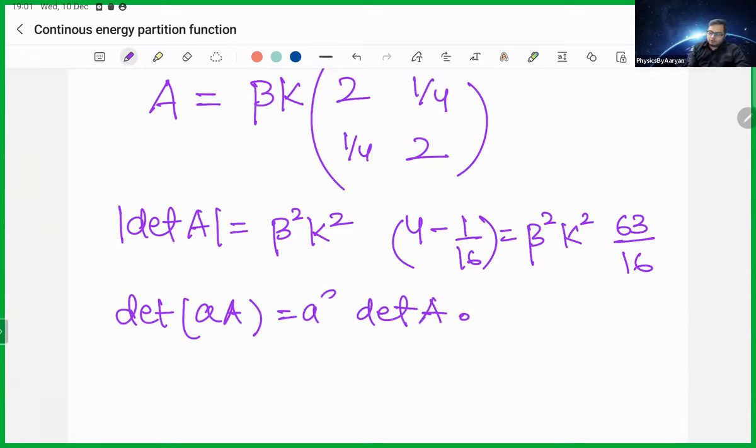There is only one way. So what is the number of microstates? 1. If the number of microstates is 1, what is the entropy? Entropy is given by k log of sigma. So entropy is 0. Entropy is 0 means no randomness. If your temperature is 0, all of them are aligned in one direction. It means there is no randomness. It means your graph starts from 0.